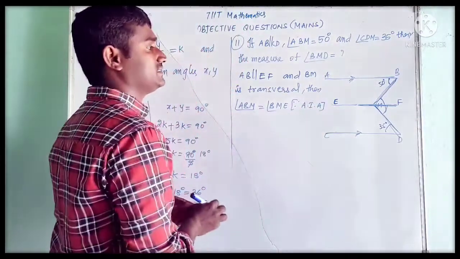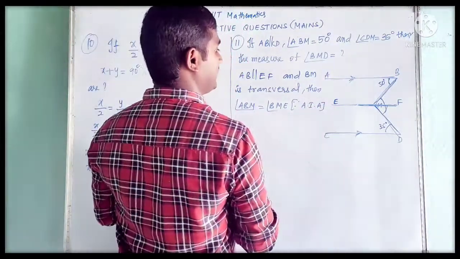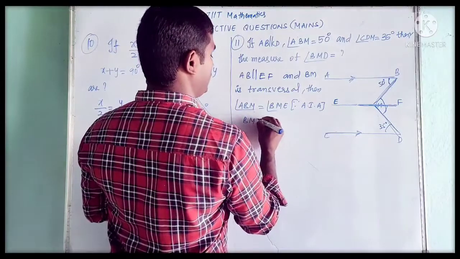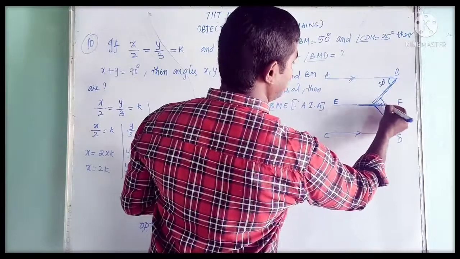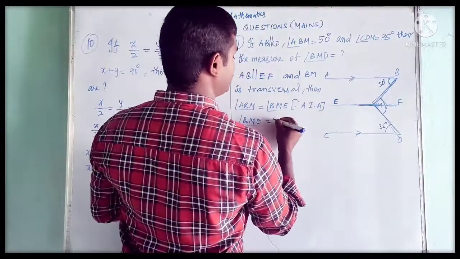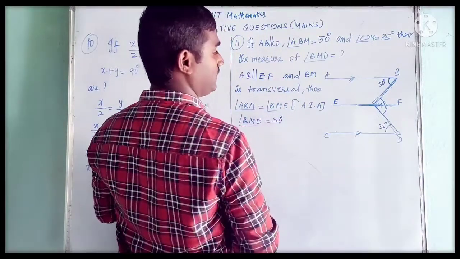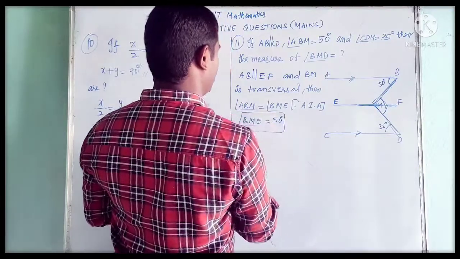Which type of angles are these two? Alternate interior angles. Then angle BME, this angle, equal to how much? 50 degrees. Okay. So this, you can put in the box.